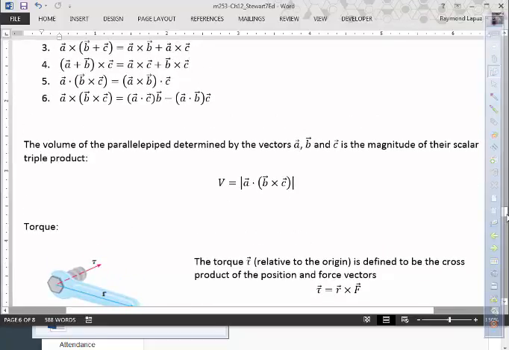So, I don't know if you guys heard what Dave said about just prove that it's a volume of a parallelepiped, volume spanned by 3 vectors. But this is what this particular property is saying.